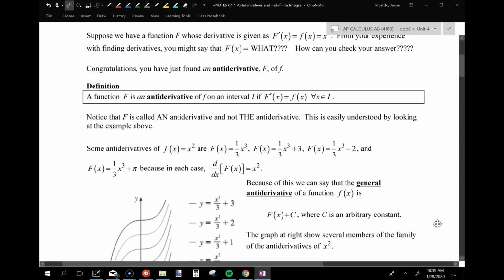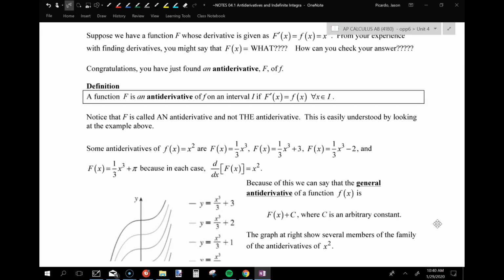So, first piece of information: if I gave you f of x and I said give me an antiderivative of f of x, your question would be, well, I don't really know how to do that notationally, right? If I say f of x is the original function, give me the antiderivative of f of x, there's really no way to notate that, is there?